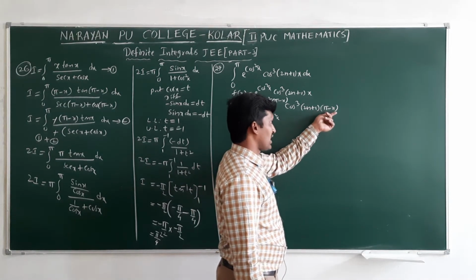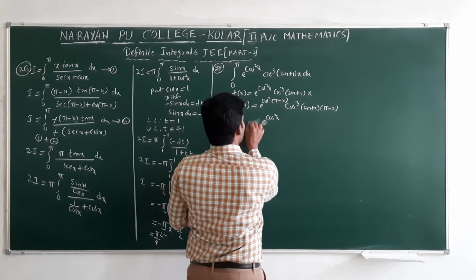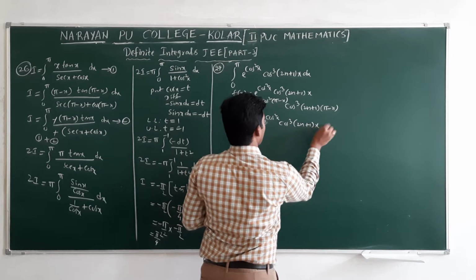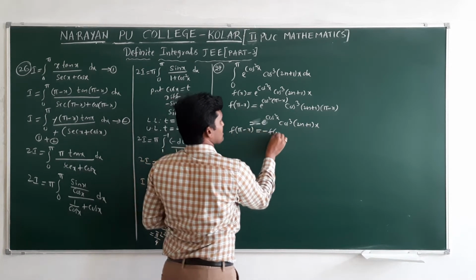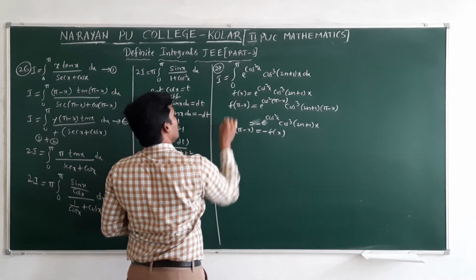This is also like 180 minus theta, minus is there, whole cube, so negative will come. Overall this becomes minus cos cube of (2n plus 1)x. Here f of 2a minus x equals minus f of x. According to the property, the value of the integral is 0.